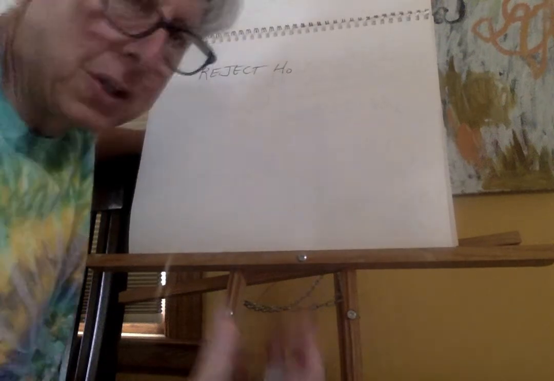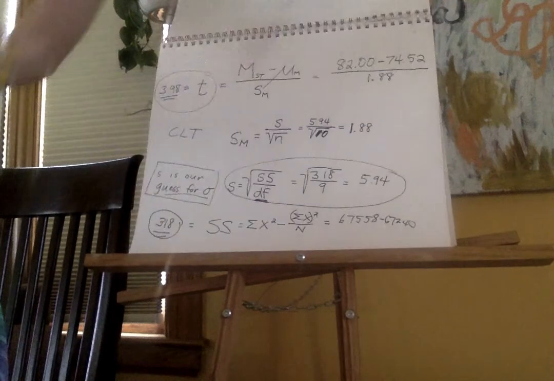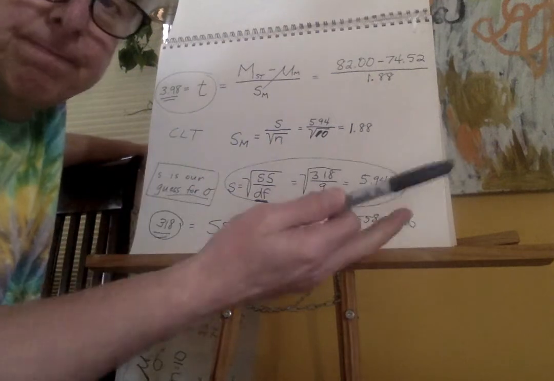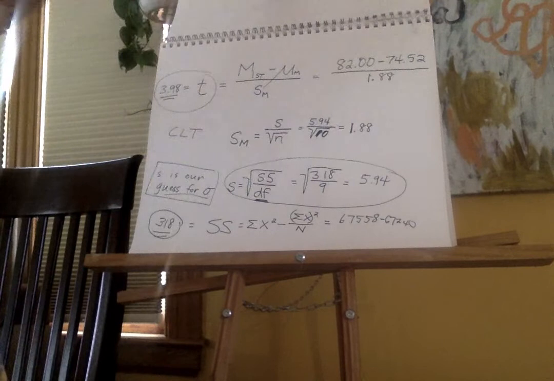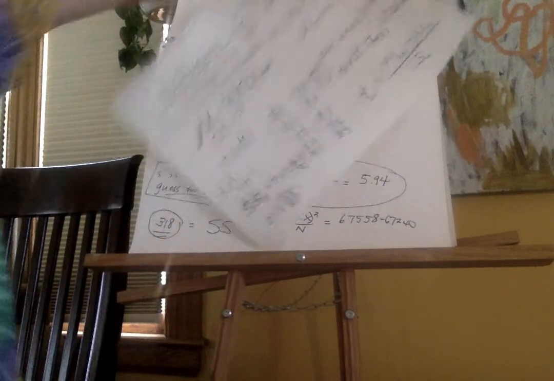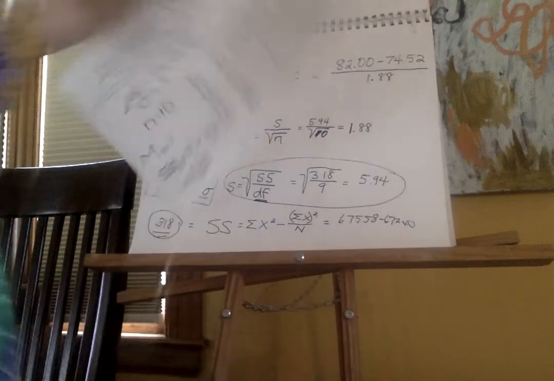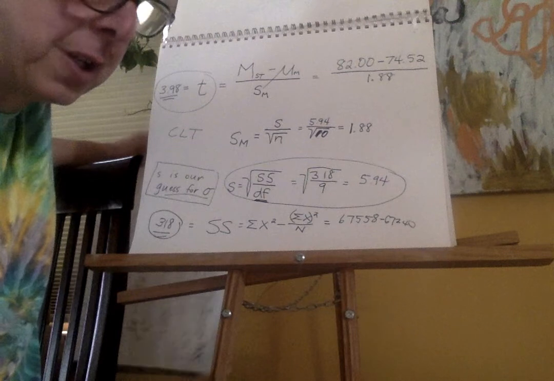And by the way, you don't always reject the null. The data will tell you whether to reject the null or not. If we did this computation and our t-value was, let's say, 1.41, we certainly would not reject the null, okay? I like to use examples where we reject the null because it's like, wow, I'm doing this research and it comes out significant.